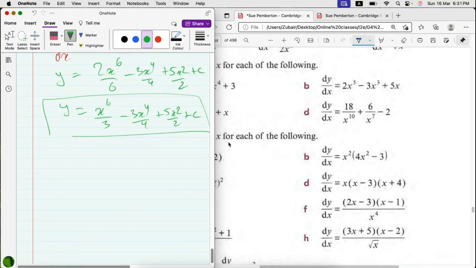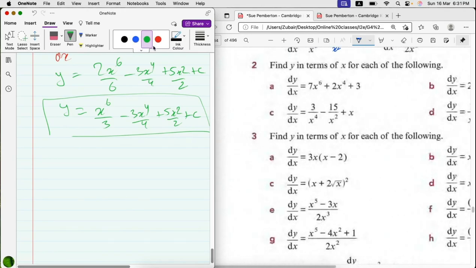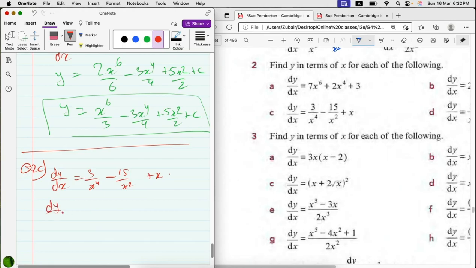Coming to C part. Now, before I go for integration, I'm just simplifying it first, bringing everything to the numerator. Okay.